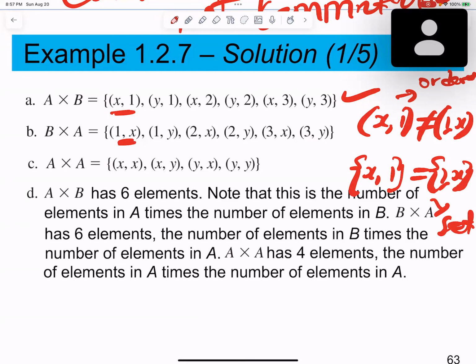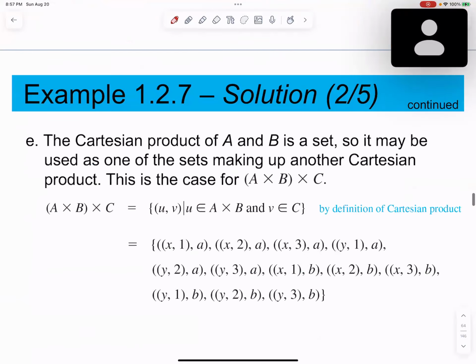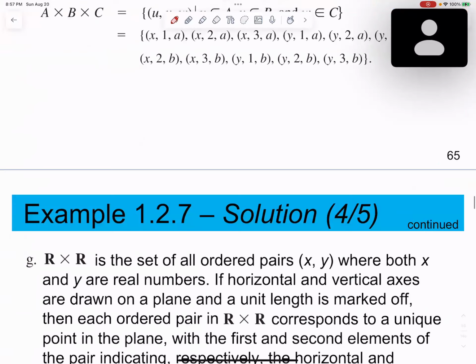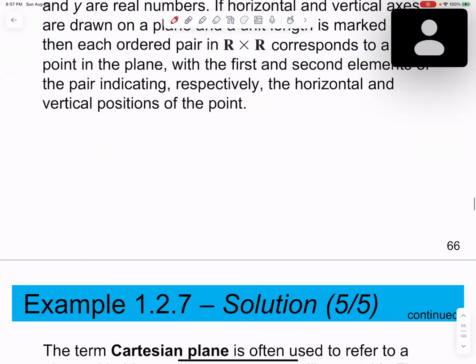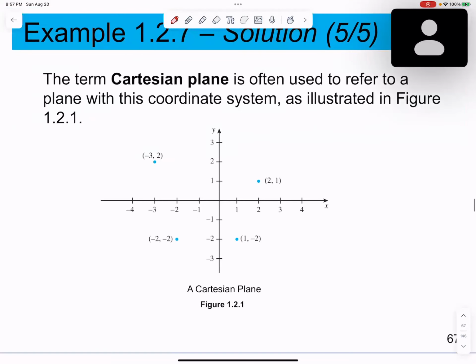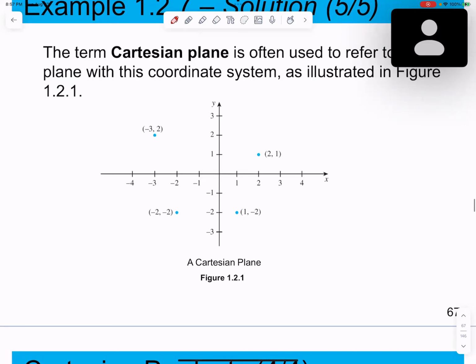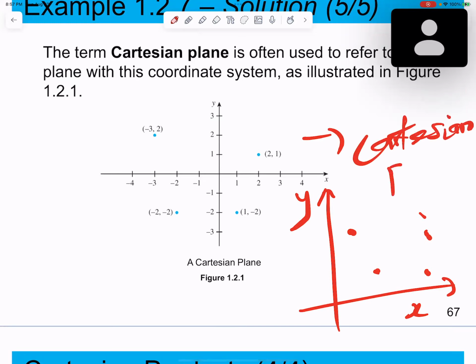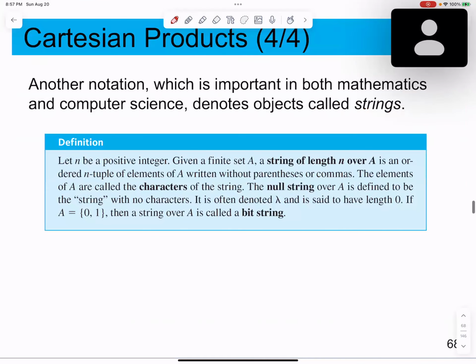But for an ordered pair, no. And remember, when you plot your graph of X and Y, you have different points like that. This is called the Cartesian plane.